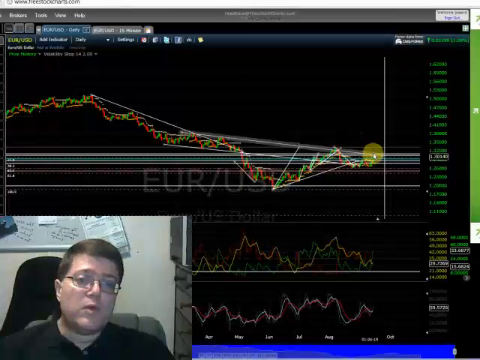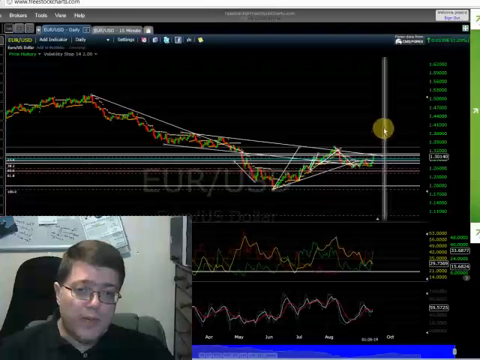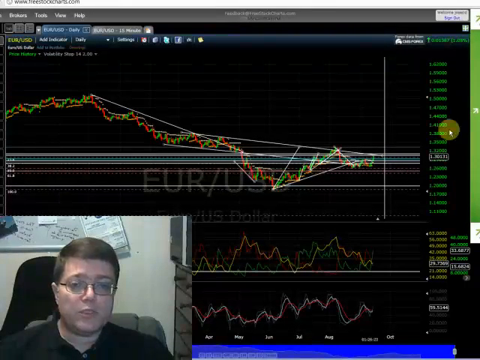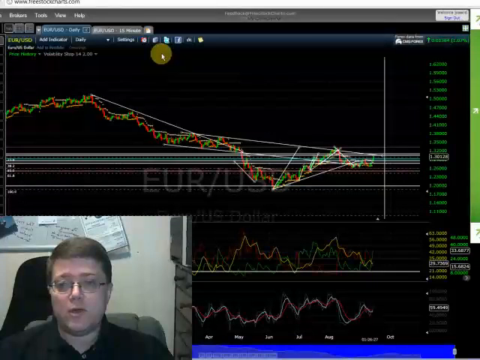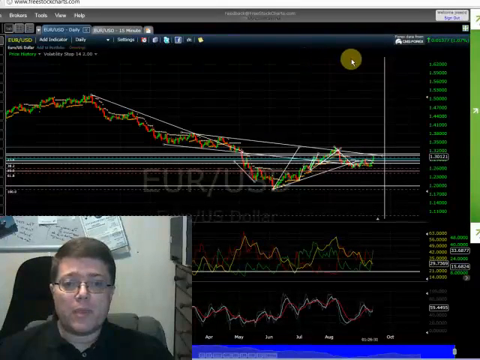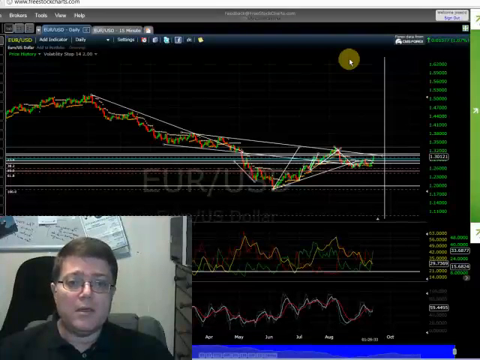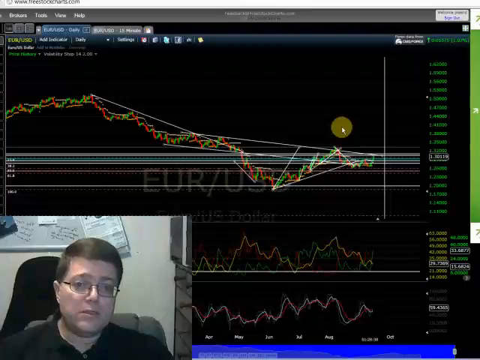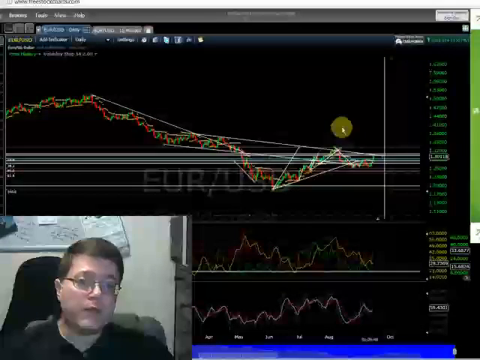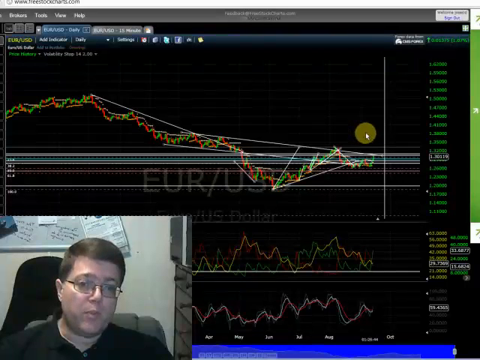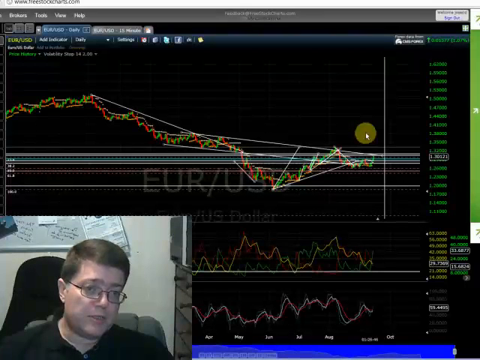If we cannot complete that movement here, that time projection will be a little bit off, because we already traded beyond the 0.38 time and beyond the 0.5 time projection.